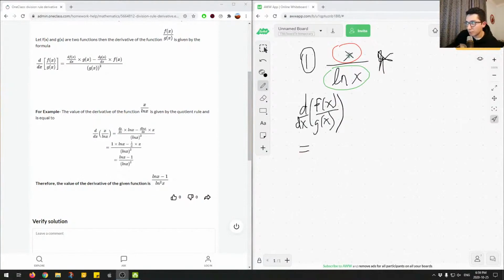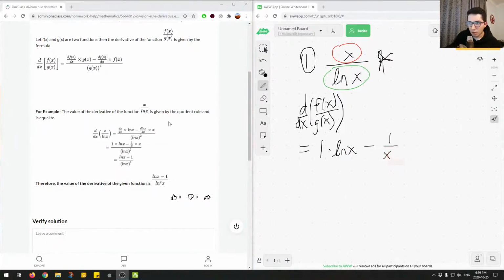In our scenario, x is equal to f at x, so we know the derivative of that is just 1, multiplied by g at x, using this equation up here. So here that is just ln x. So it's 1 times ln x minus the derivative of g at x.